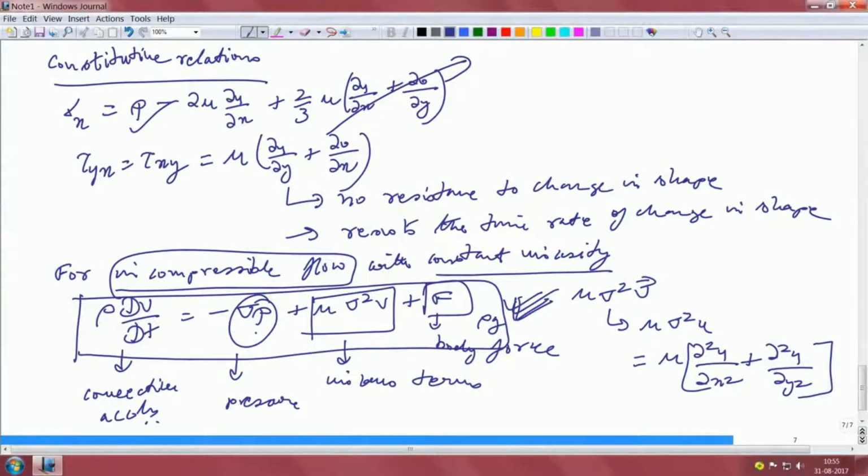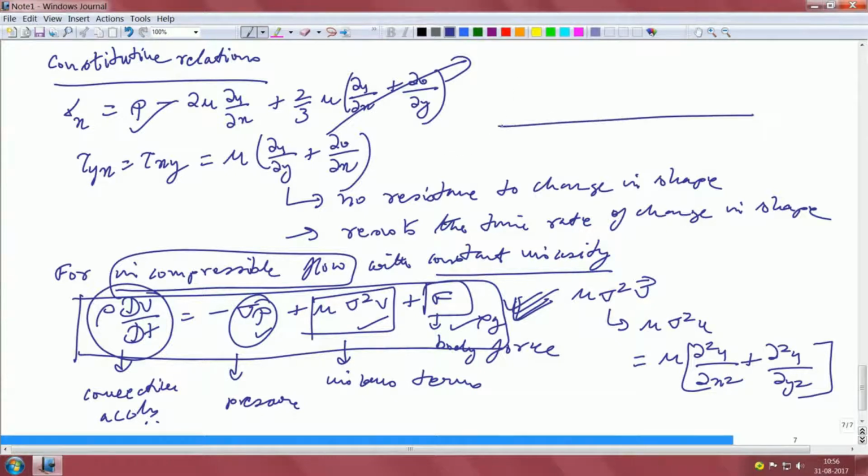For incompressible flow, constant viscosity, Newtonian fluid, using the constitutive relationships that we just laid down, you would be able to show that this is the entire relationship, which has got a pressure term, a viscous term. Remember, this is not just the pressure, this is the pressure gradient, which is important. And then you have the viscous term, you have the body force term, and you have the term which is related to the convective acceleration. So, this particular equation takes care of the flow field.